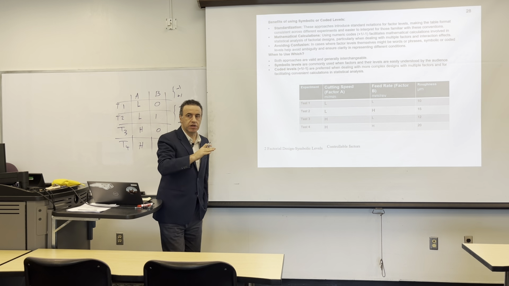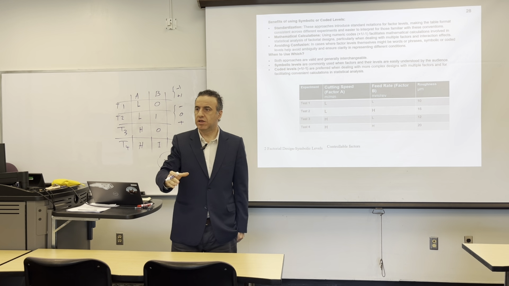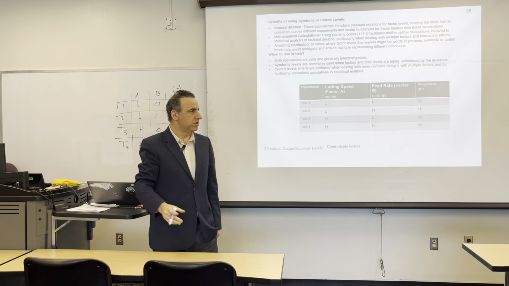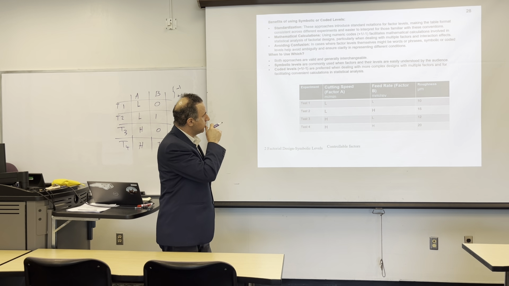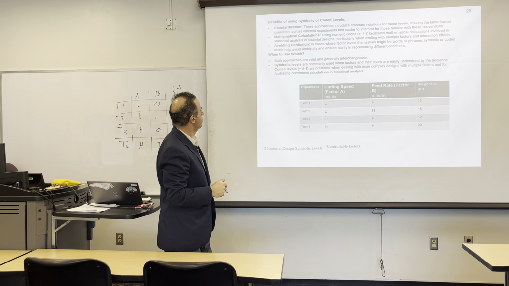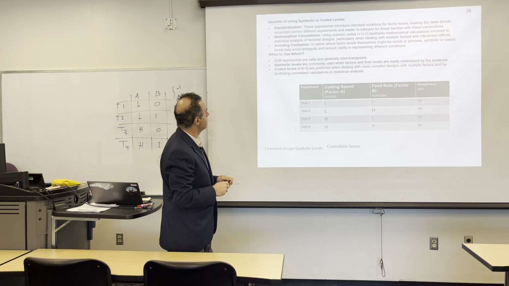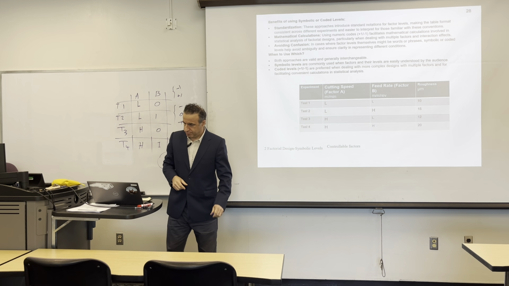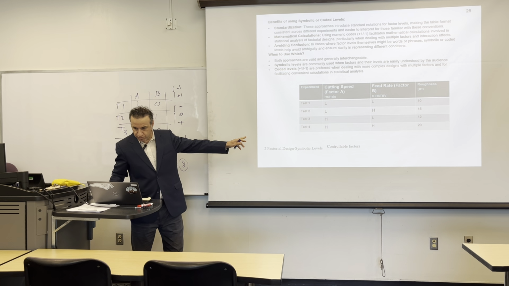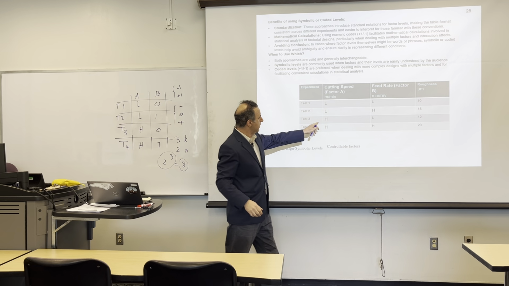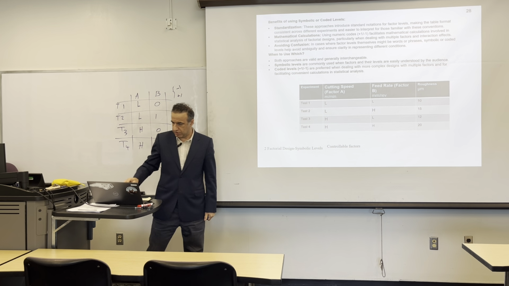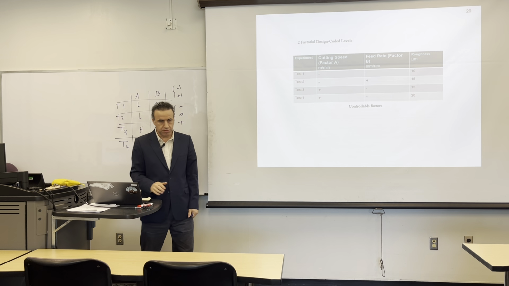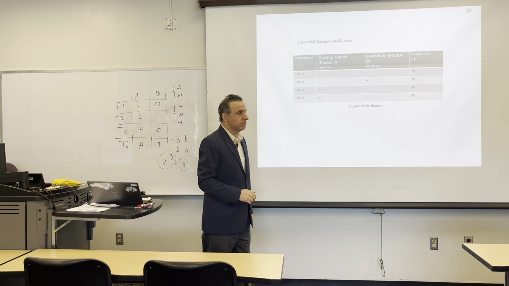All of them are used interchangeably, and they mean the same. There is no difference. For example, here we use L and H, and we can use it like this one, minus and plus.